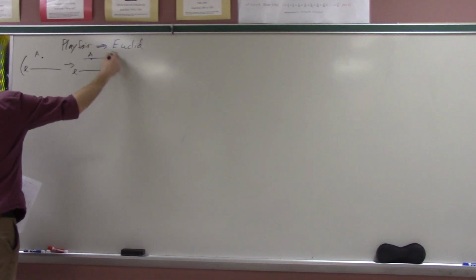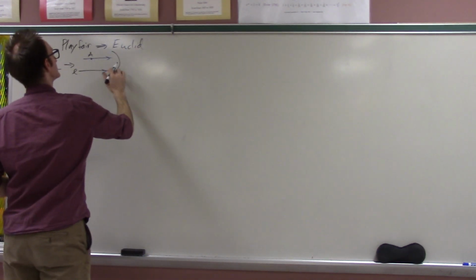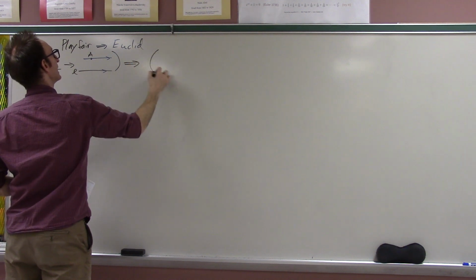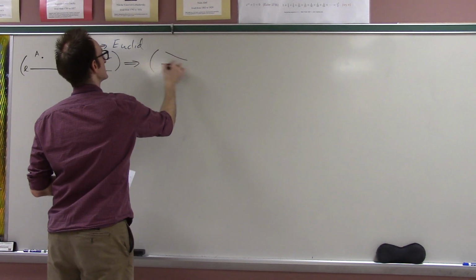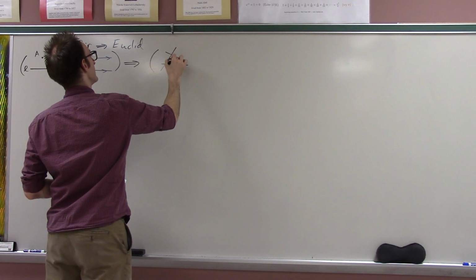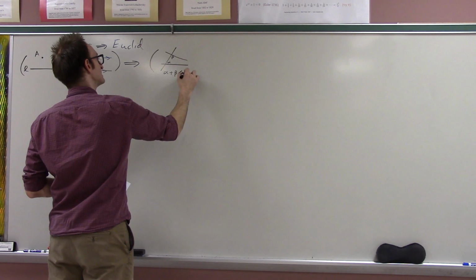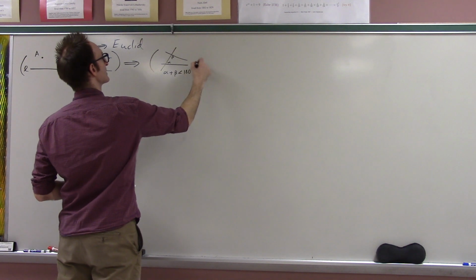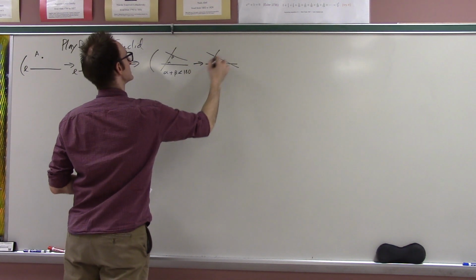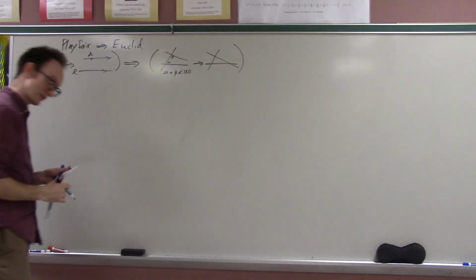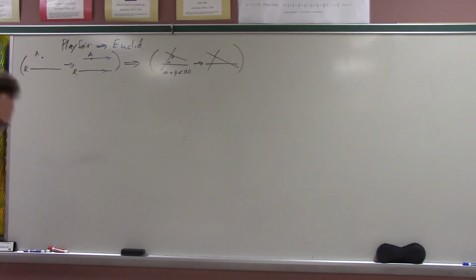And that theorem is going to imply Euclid, also a conditional, which says that if you have two lines cut by a transversal, such that the same side interior angles add up to less than 180, then the lines intersect on that side. Sorry, the lines are intersected on that side, but whatever.